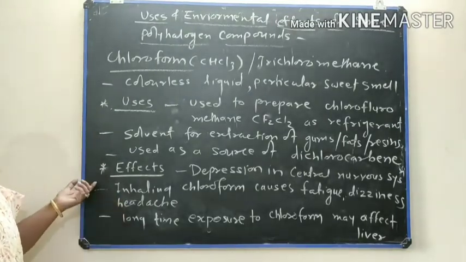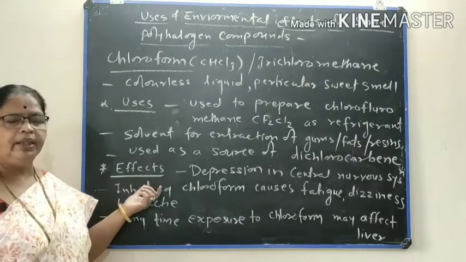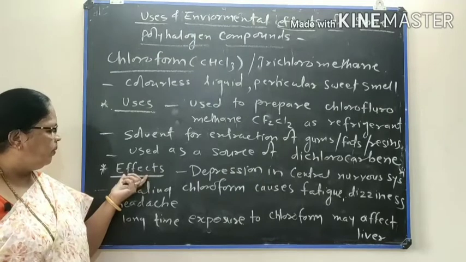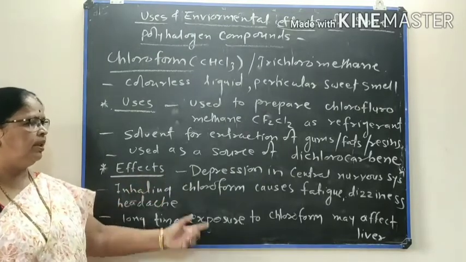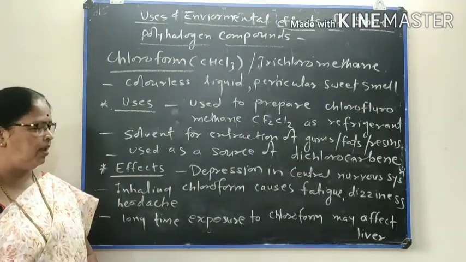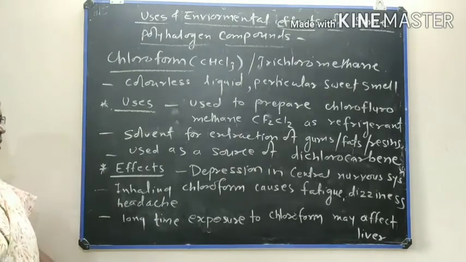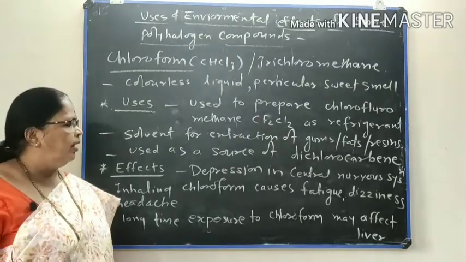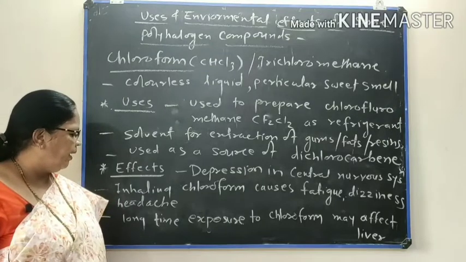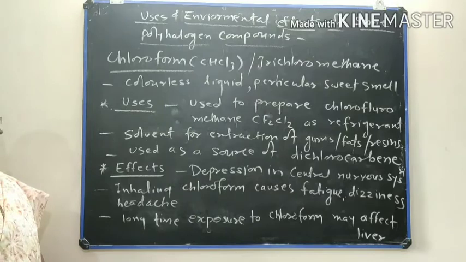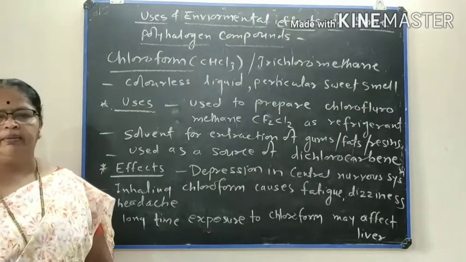Then environmental effect. Depression in the central nervous system. Short-term exposure to chloroform causes depression in the central nervous system. Second one, inhaling chloroform causes fatigue, then dizziness and headache. And long-time exposure to chloroform may affect the liver.